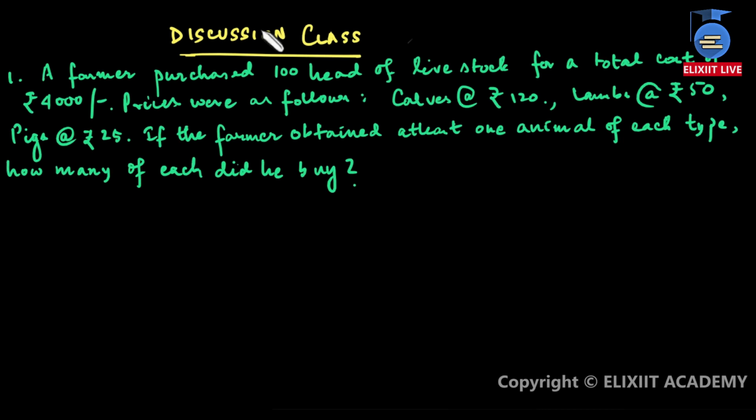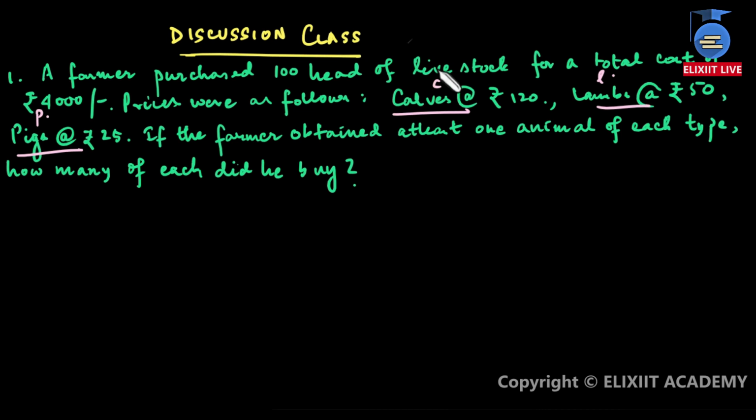And the prices for each animal were given: calves, lambs and pigs. Suppose we denote calves by C, lambs by L, and pigs by P, so that we can put these in the equations we are going to create.